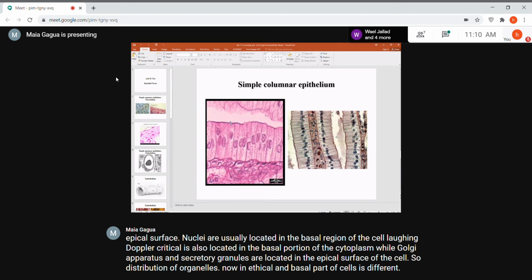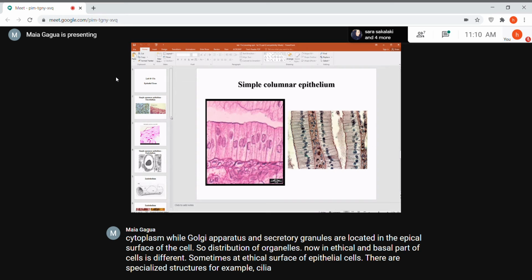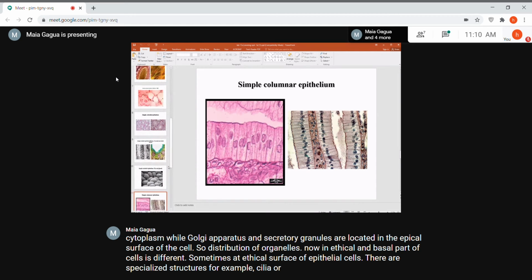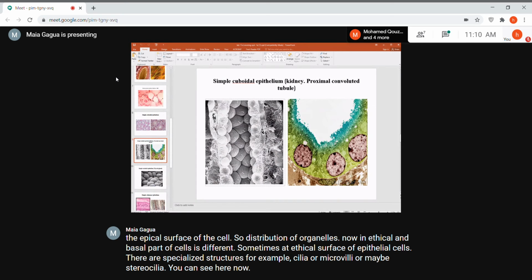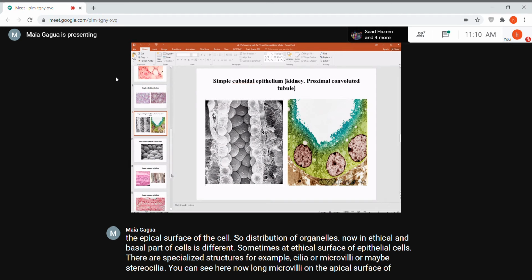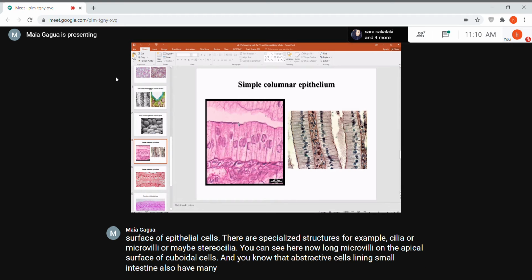Sometimes at the apical surface of epithelial cells there are specialized structures, for example cilia or microvilli or maybe stereocilia. You can see here now long microvilli on the apical surface of cuboidal cells. And you know that absorptive cells lining small intestine also have many uniform microvilli on apical surface to increase area for absorption.